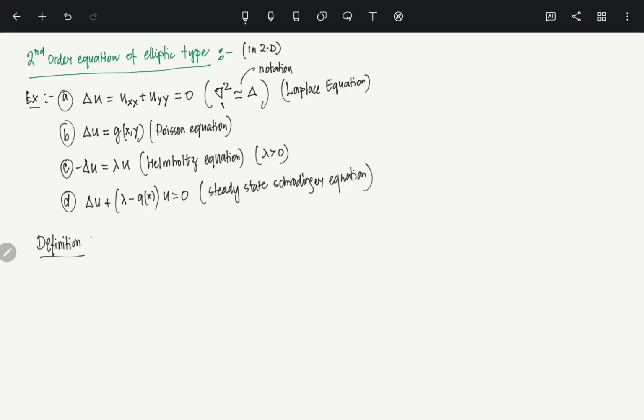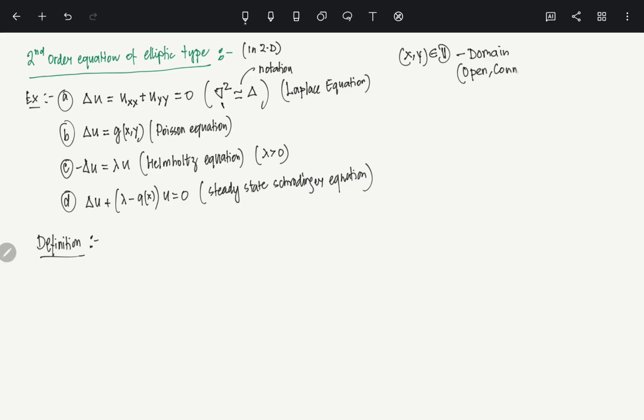In this part you will see me talking about something called a harmonic function. All of these equations are defined in (x, y) in some domain D. What is a domain? A domain, as I have probably told you, is an open and connected set.